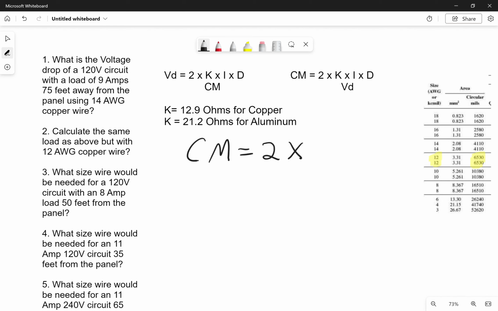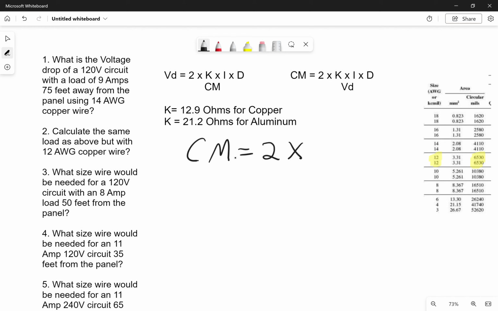Well, if it doesn't tell us, we're going to assume it's copper. Aluminum is the outlier here, right?